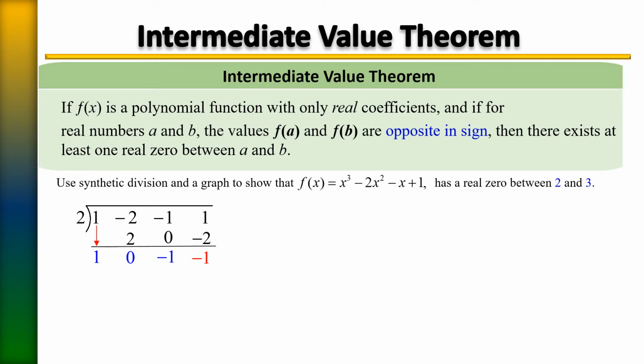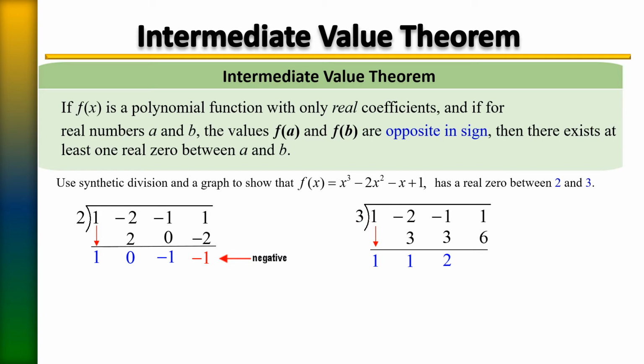So let's put 3 on the outside as our divisor and our coefficients inside. I'm going to begin by bringing down a 1, multiply that with 3 to get 3. Bring down a 1, multiply that with 3 to get 3. Bring down a 2, multiply that with 3 to get 6. Bring down a 7.